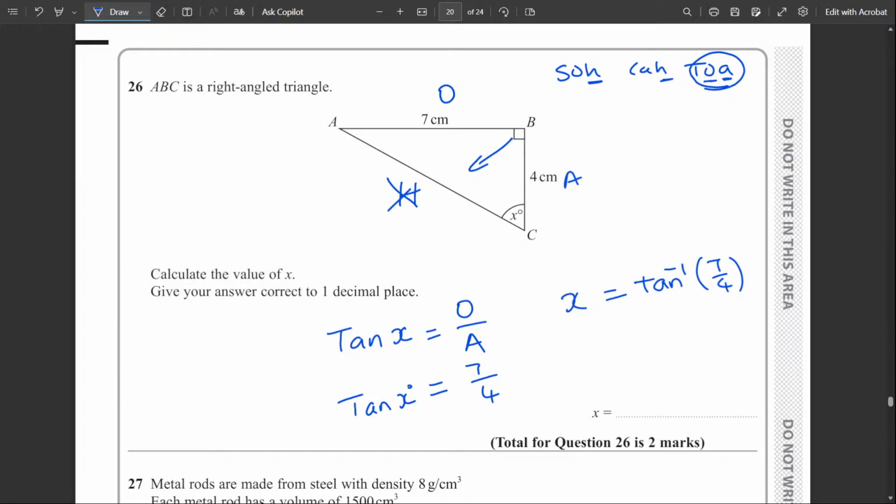And I get inverse tan of 7 divided by 4, I get 60.3 degrees to one decimal place.